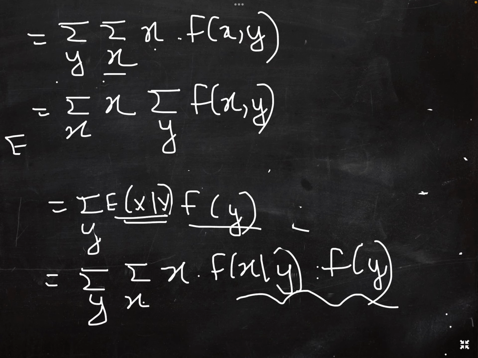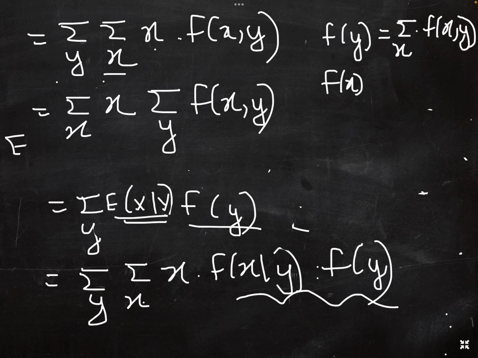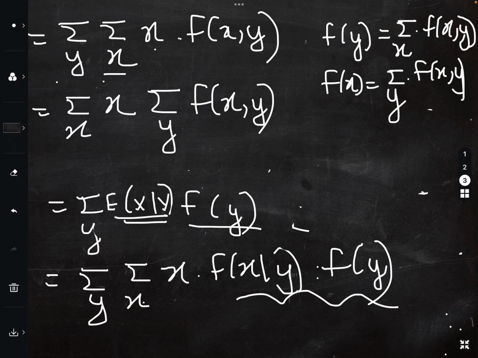We know that f of y is equal to summation x of f of x comma y, and f of x is equal to summation y of f of x comma y.